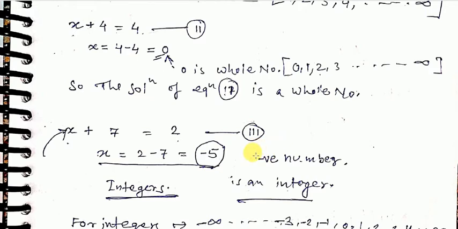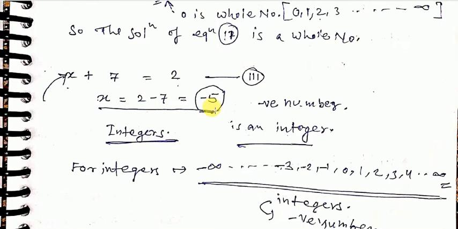Integers are of two types, negative integers, which are negative numbers, and positive integers, which are positive numbers. So we can say that the solution of this equation x plus 7 is equal to 2 is an integer.